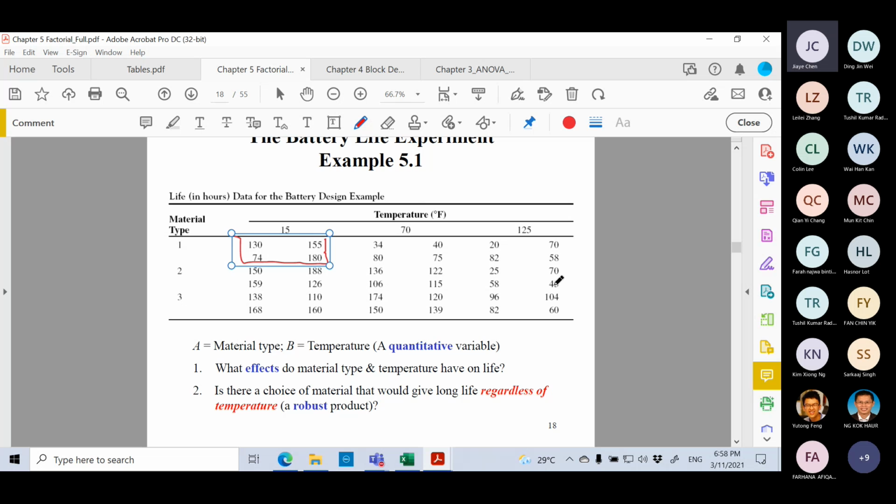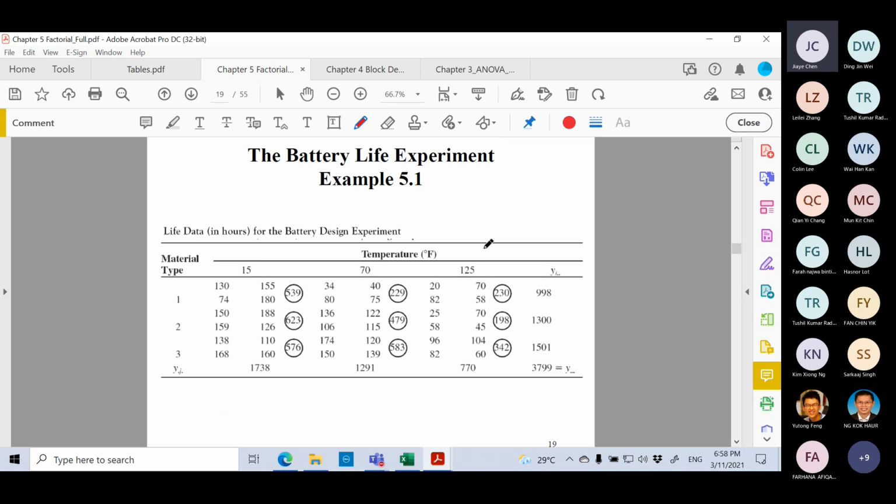Based on these results, in this table, the circle here represents the total. You total for each cell here, you total here, and then you get the total here.